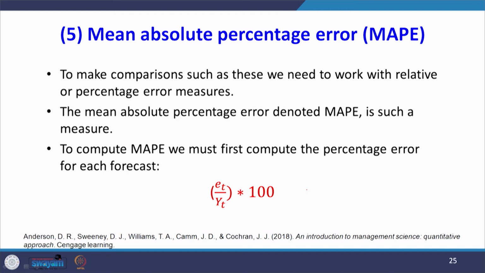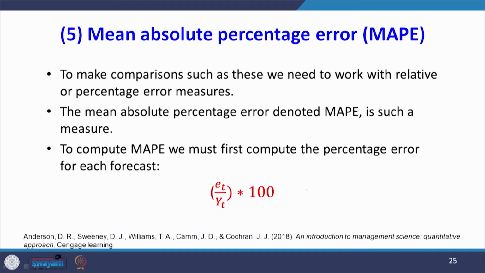To make comparisons such as these, we need to work with relative or percentage error measures. The mean absolute percentage error, denoted by MAPE, is such a measure.